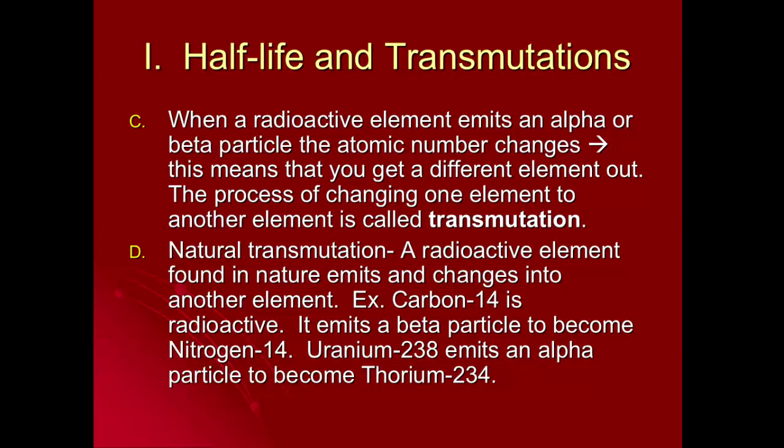And so as it leaves, you don't see a really appreciable change in mass. And so the carbon-14 just becomes nitrogen-14. So when you have your alpha particle emitting, you're going to go down in mass by 4. You're going to move over to the left 2 elements on the periodic table, and that'll be your product. When you have a beta particle coming off, you move 1 element to the right, and the mass remains the same.